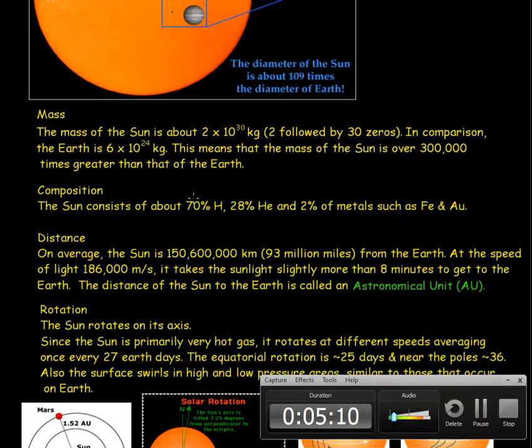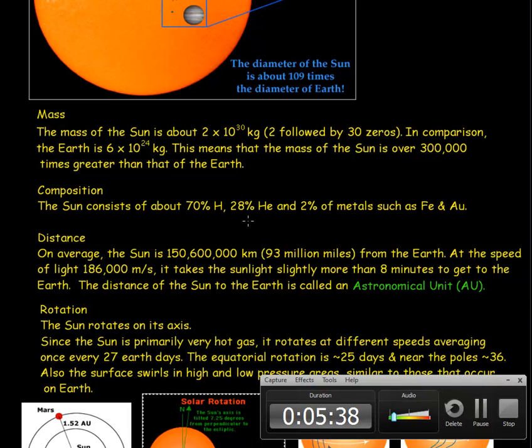But it's fusing a tremendous amount of hydrogen every single second of every single day, 24 hours a day, 365.25 days a year, and it's been doing so for about the last 4.6 billion years. It's been able to turn about 30% of the hydrogen into helium, and then 2% other things like iron, gold, some other things that are out there.